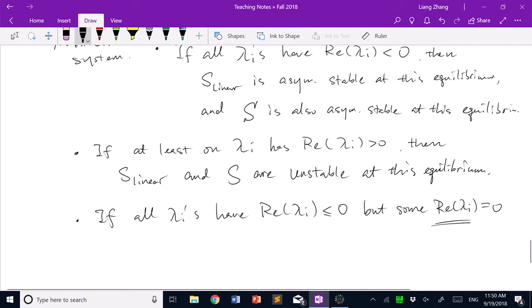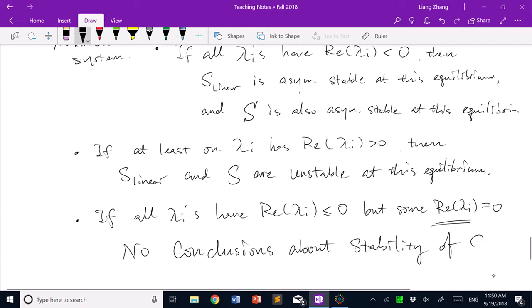But since we're looking at a nonlinear system, we want to know if that can carry over to nonlinear systems. Unfortunately, this cannot be done. So when this happens, no conclusions about stability of the nonlinear system can be made.